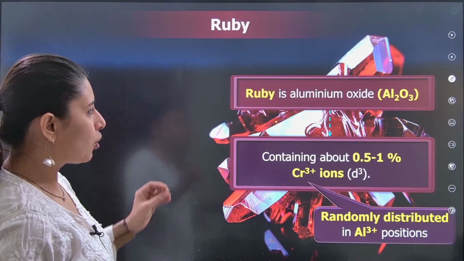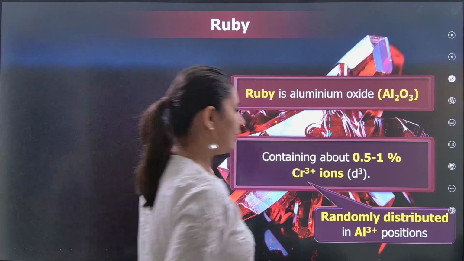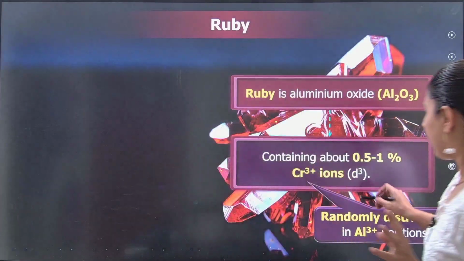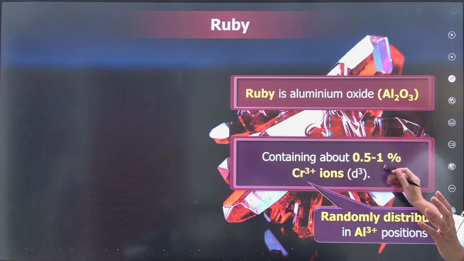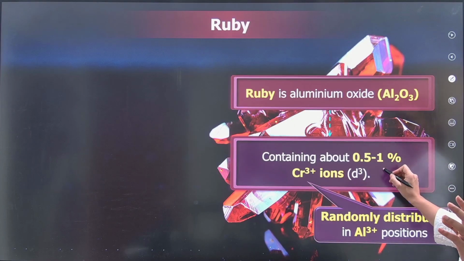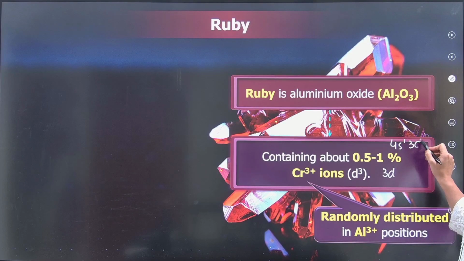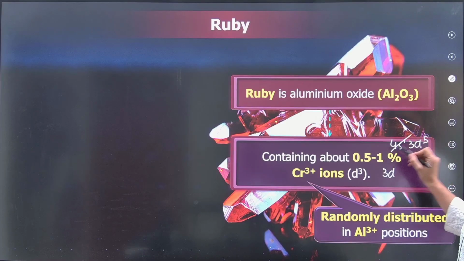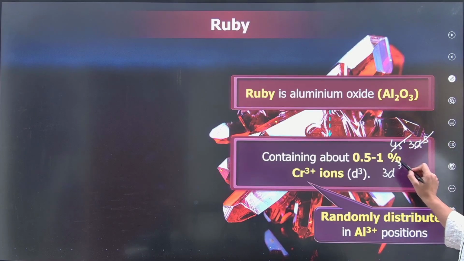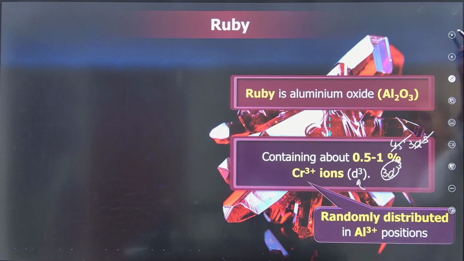So you have Cr3+ here in Al3+, and Cr3+ means 3d4 4s1 becomes 3d5, then 3 electrons are removed. So it will be 3d3. That's what is written. So there are 3 electrons.